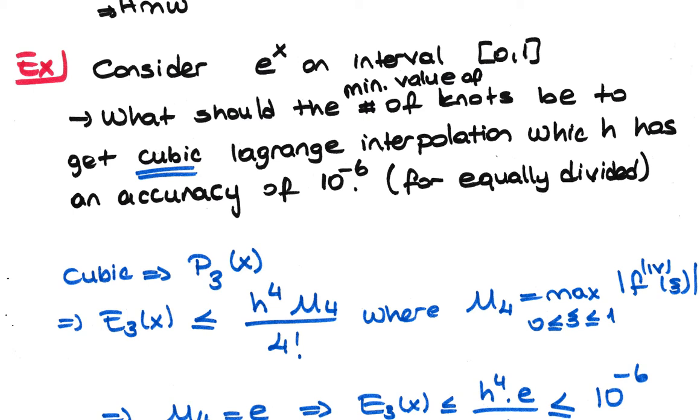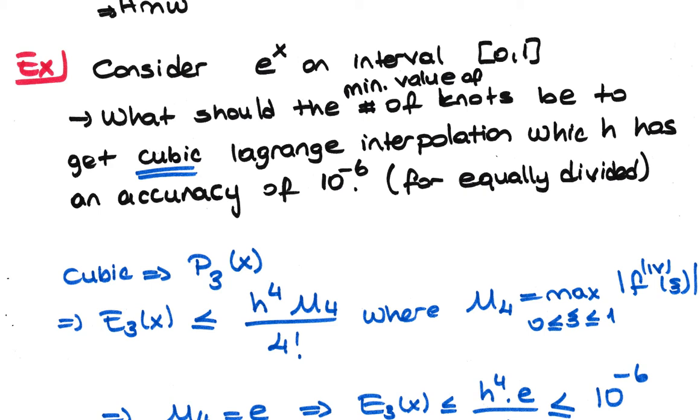But the thing that you need to focus on is that when you are considering a data set, and if you wish to create a Lagrange interpolation to approximate this data set, then you need to know that I will have n plus 1 points.